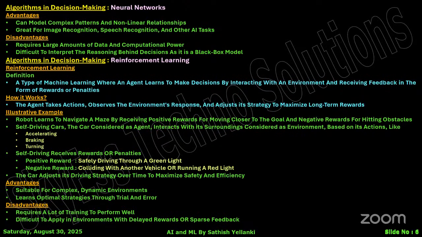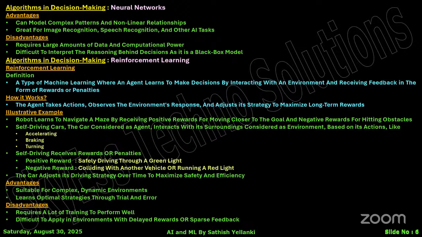When you take decision-making projects, they are generally done in how many ways? Three ways. First way is what? Decision trees. Second is neural networks. Third is reinforcement. Is that point clear to you? So the agent is nothing but something like you.